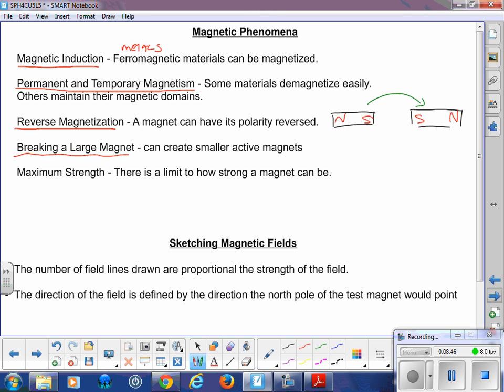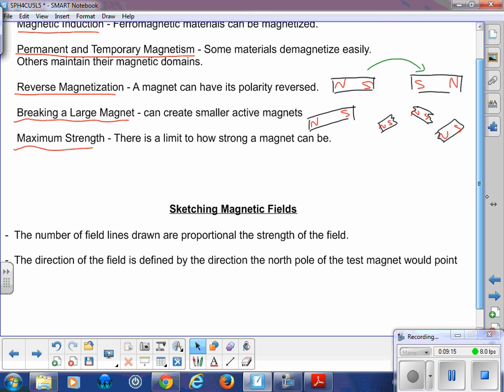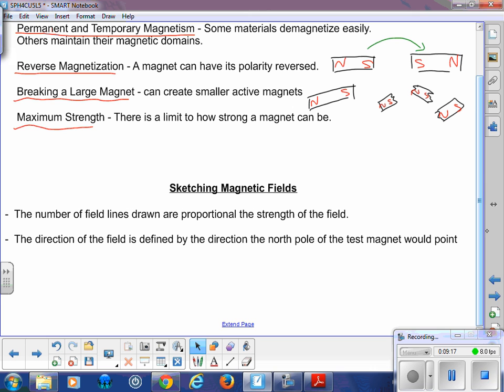So the large piece becomes a couple of broken pieces. I'm upset and yelling at you because you broke my magnet. But in the end, we end up with north-south. All these little components become magnets with the same properties as the larger one. And maximum strength. There is a limit to how strong a magnet can be. It depends on the material. And when we get into electromagnets, it depends on the current. We'll talk about that a little bit later.